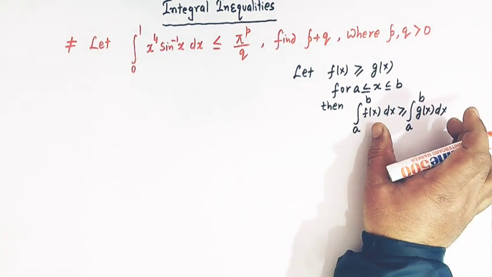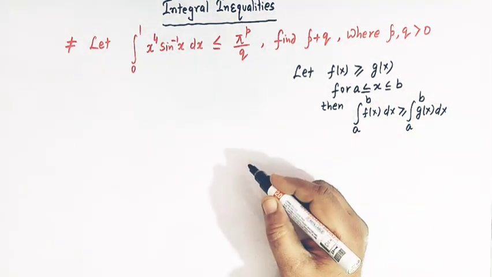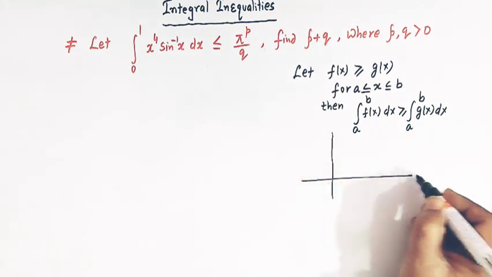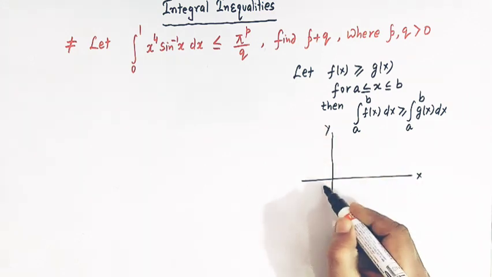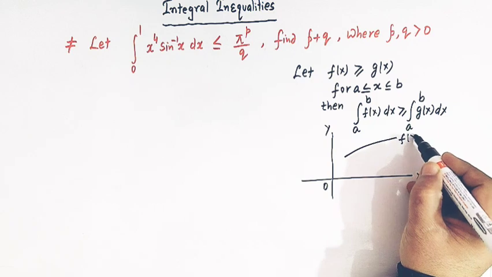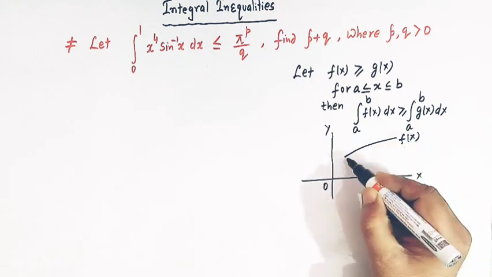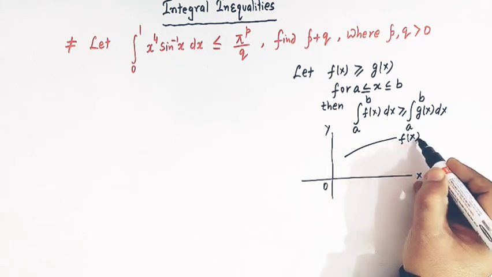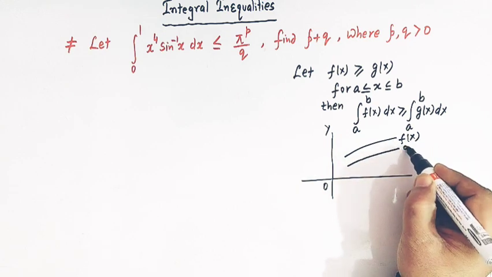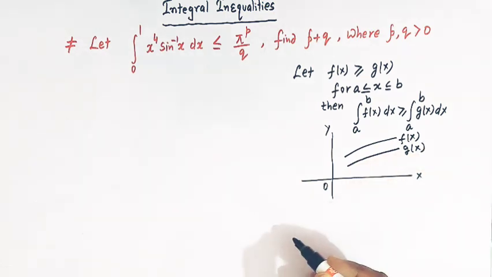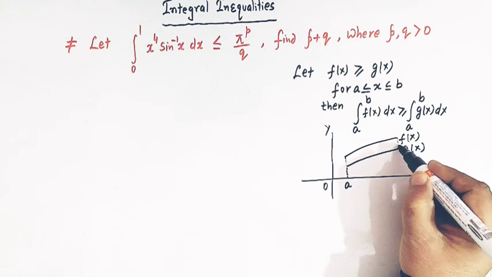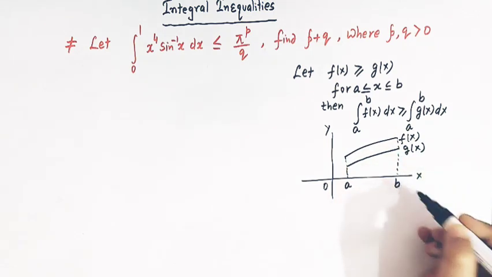So let us see this inequality by using a diagram. See, suppose we have here x-axis, here we have y-axis, right? And suppose this curve is given by this function f of x, and suppose this is the function g of x, right? And here we have a and here we have b, right?